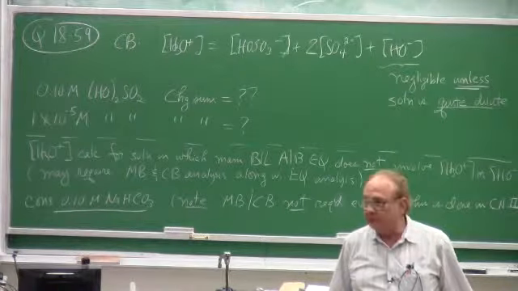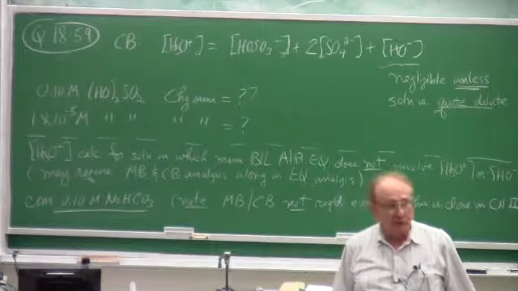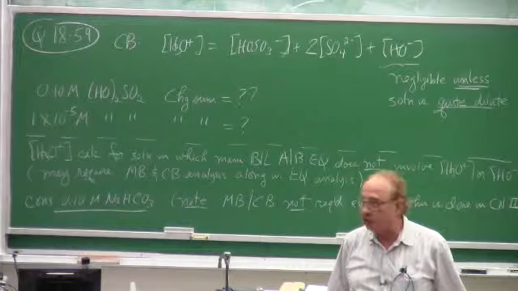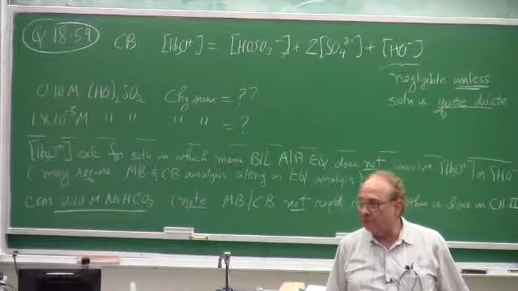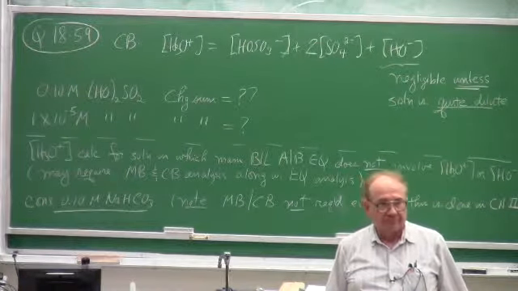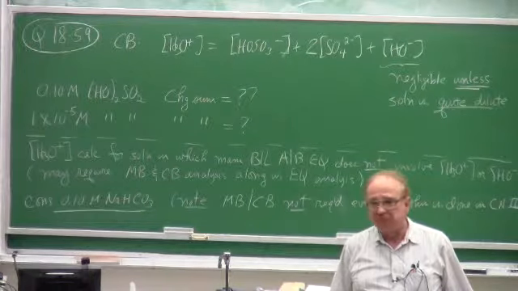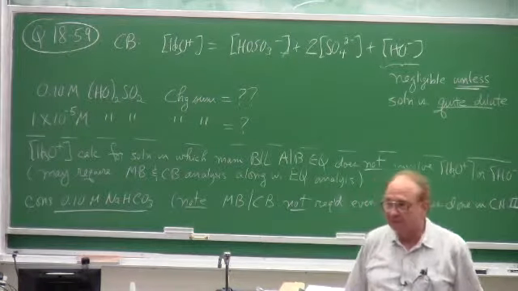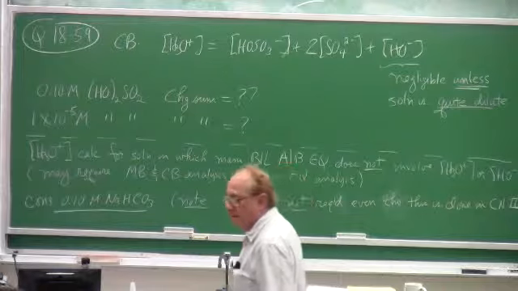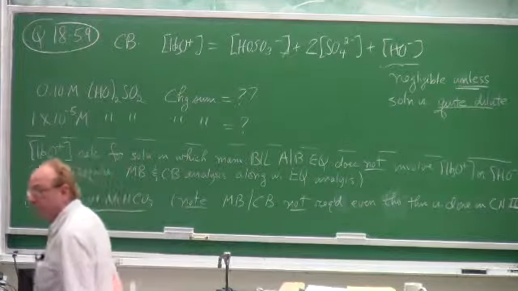If you do some Kw arithmetic, you'll find that a solution with a pH of 5.0 or any lower pH, you can forget the autoionization of water. It won't mean anything. You can do the arithmetic for yourself, and that's the way to really learn.